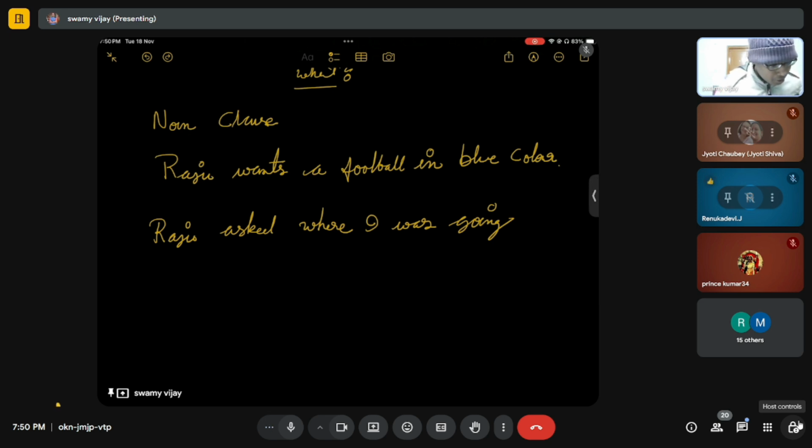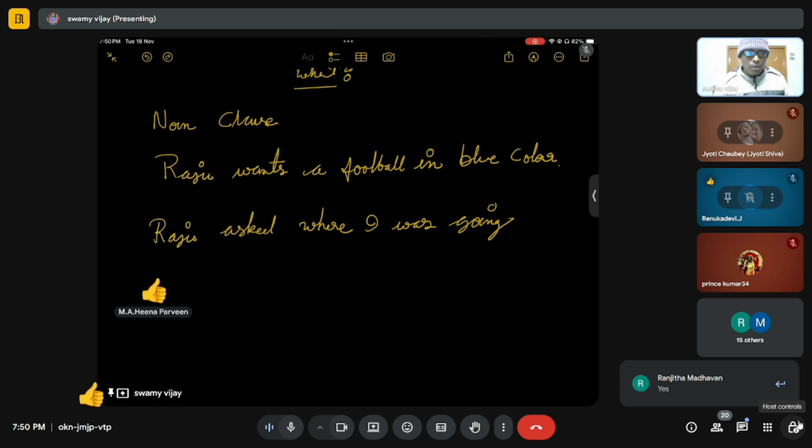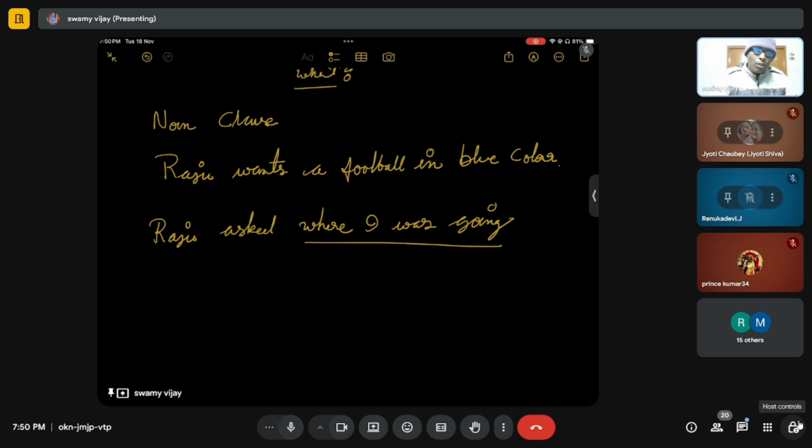In this we have a clause. Now tell me, where I was going, if we consider it as a clause, what type of clause it is: a noun clause, adjective clause, or adverb clause.